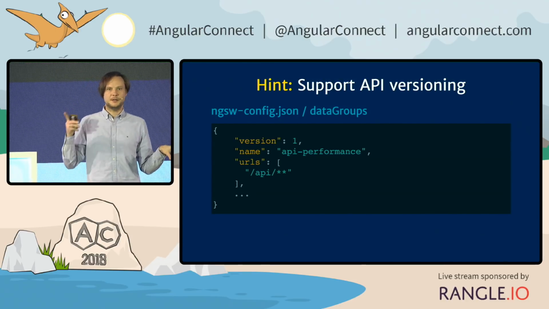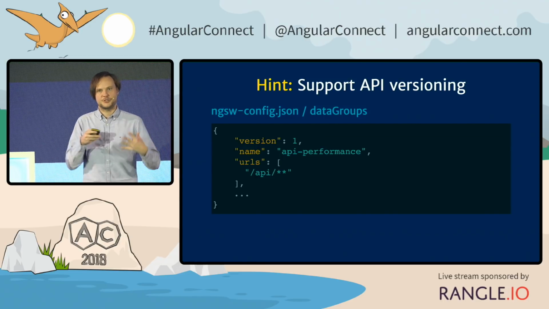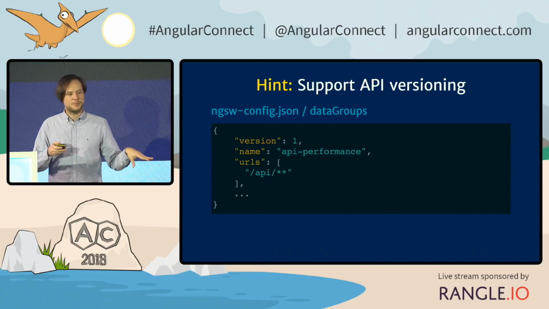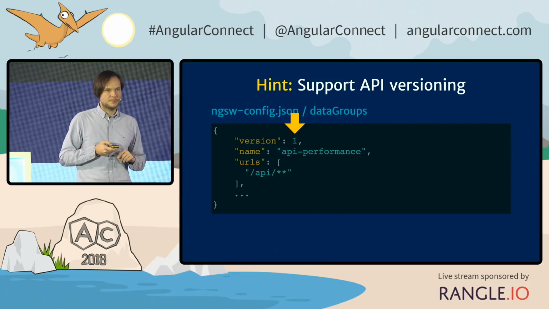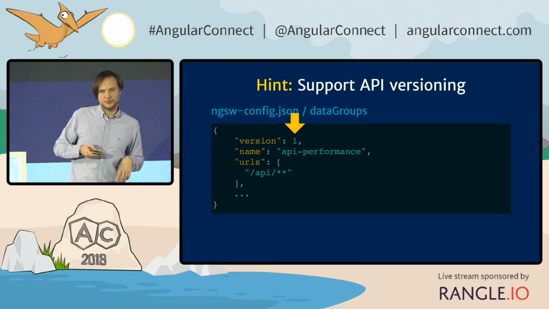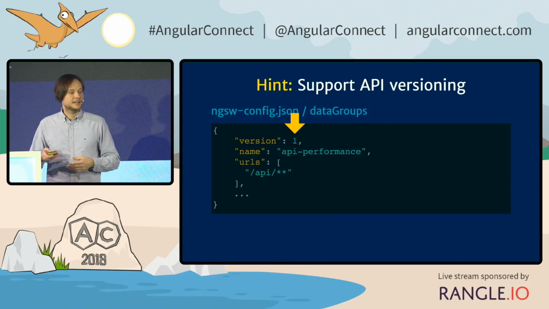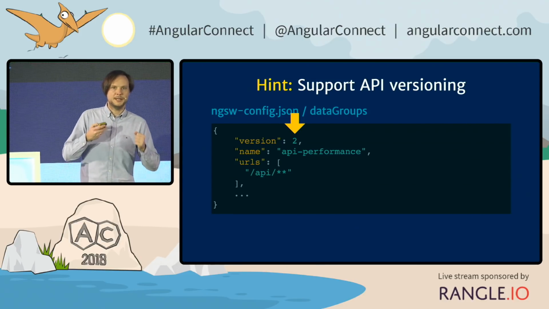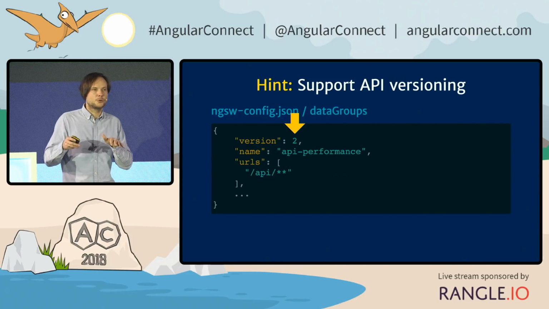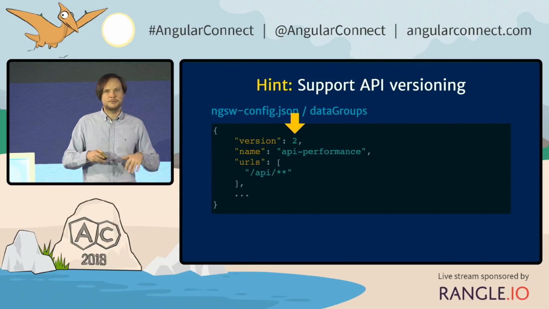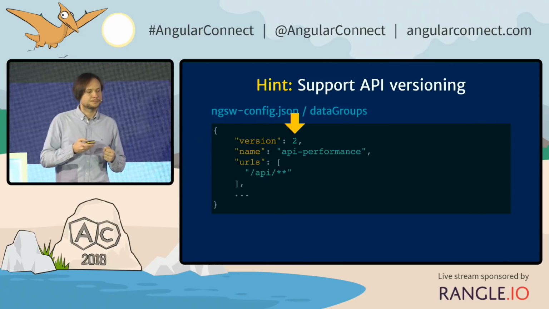Because most likely the new version of our app, if we change the format, will not be able to parse it. There is a salvation for us called version. It's an optional integer parameter you can pass to the data group's property, and if you update it, Angular Service Worker will ignore everything that was pre-cached before and will start a fresh life.